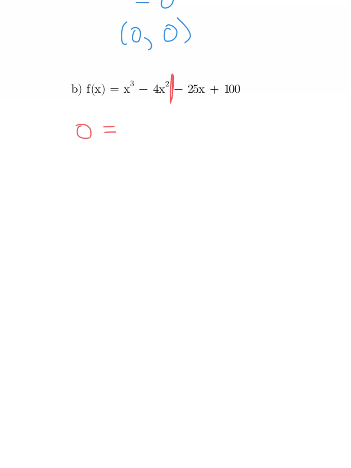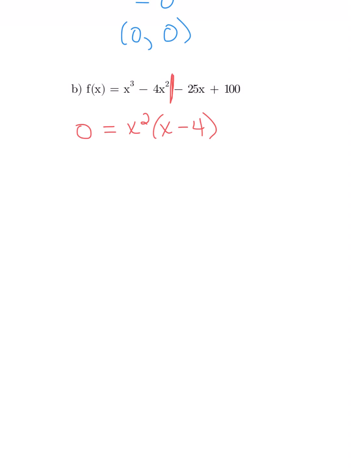So on those first 2 terms, what's in common is x squared. If I take x squared and divide it into the x cubed, that leaves us with x. Take negative 4x squared divided by x squared, we get minus 4.